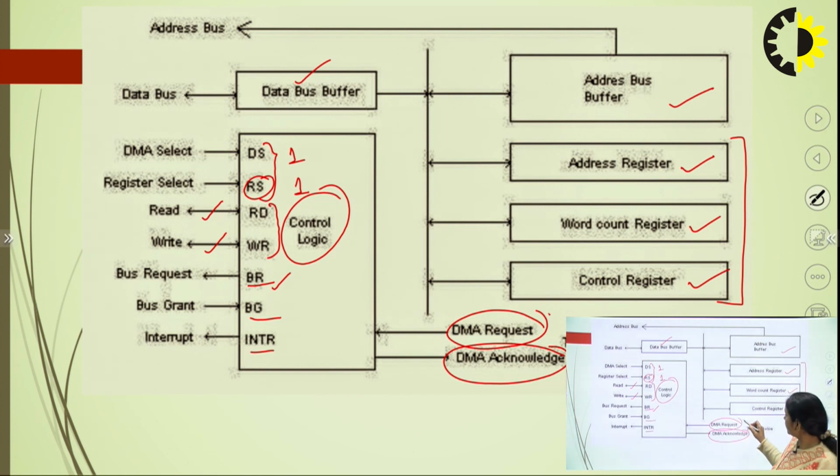The DMA request signal will be sent by the input output device to the DMA, and when the DMA gets the control of the buses, then it will send the DMA acknowledgement to the input output devices. Okay. So, by this diagram, you can understand what the main components of the DMA controller are.